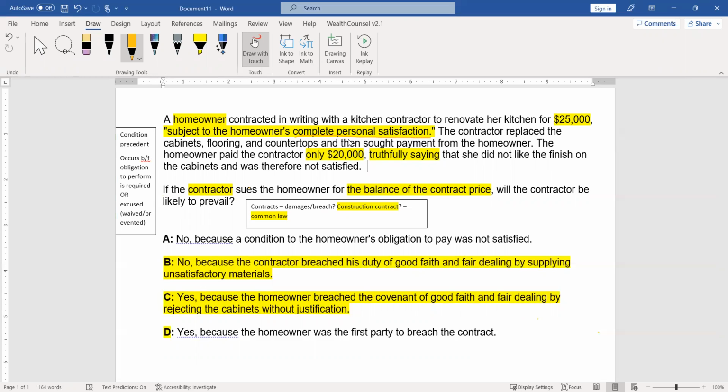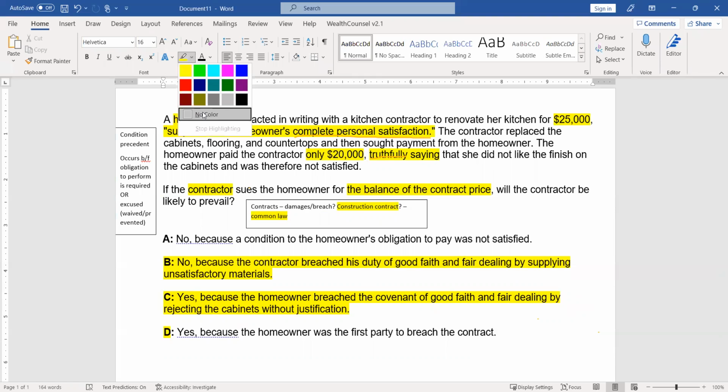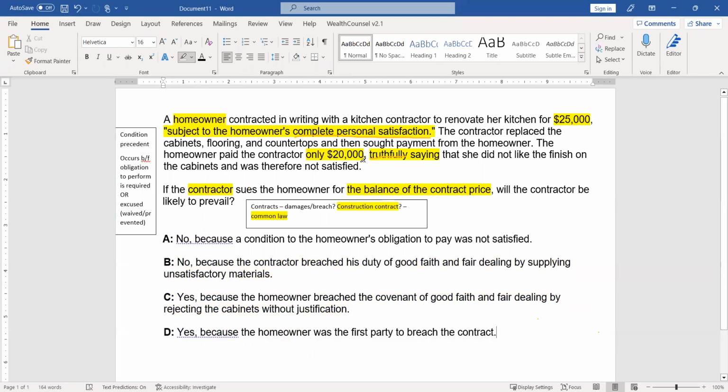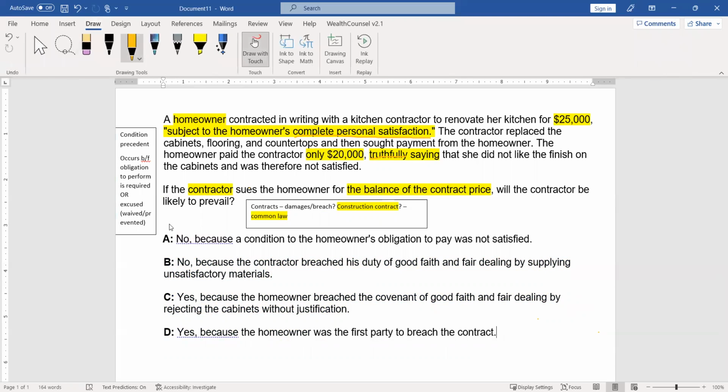That means that it's subjective, and the fact that she truthfully believes that it is not to her liking. She did it in good faith by saying, I don't like it. If for some reason the facts say that she's trying to get out of paying by claiming that she doesn't like it, then of course you would not want to allow her to recover. But in this case, the condition has not occurred based on the facts. So I would be biased towards no at first, because the condition has not occurred.